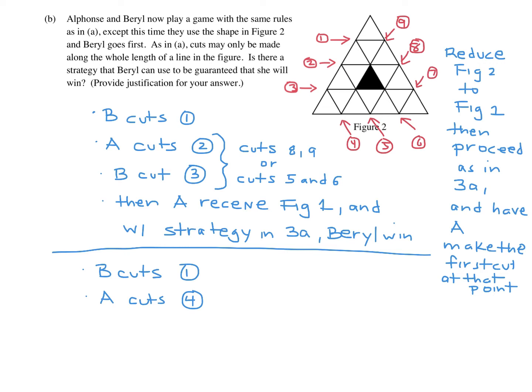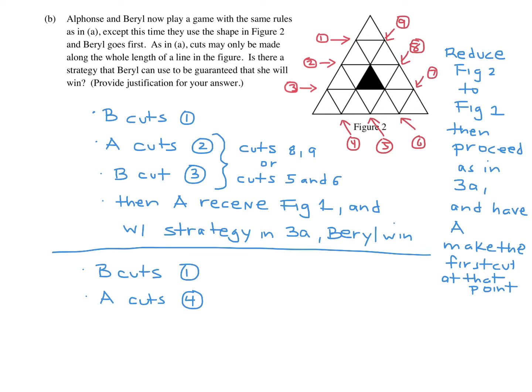We've taken care of 2. So let me just circle those. 2 is taken care of. It also takes care of 8. And also takes care of 5. So we have to now concentrate on the other numbers. So let's concentrate on 4. Let's say Beryl cuts 1 and then A cuts 4. So we've made this cut and then 4 would make this cut, right?